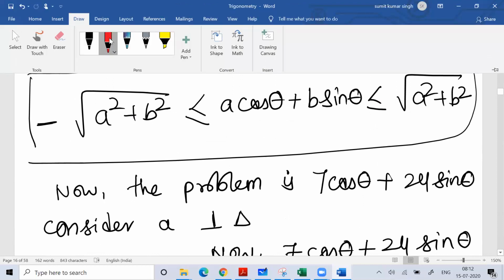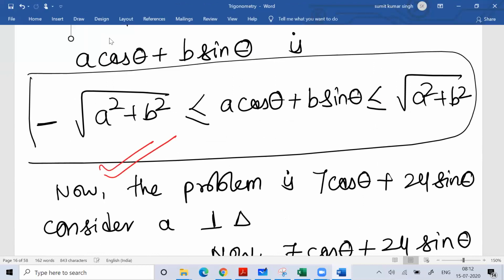So for A cos theta plus B sin theta, the generalized range is from minus root of A square plus B square to plus root of A square plus B square. And if you want to prove it, we can prove it.